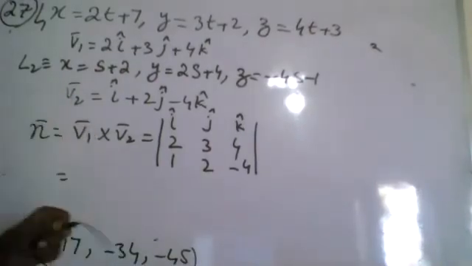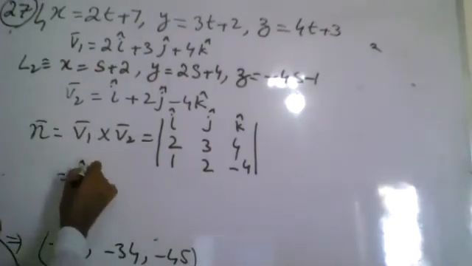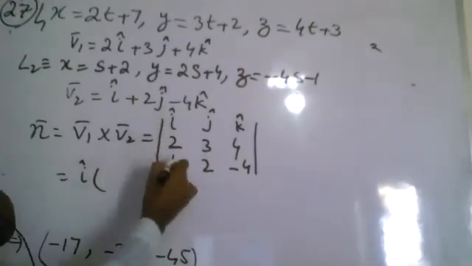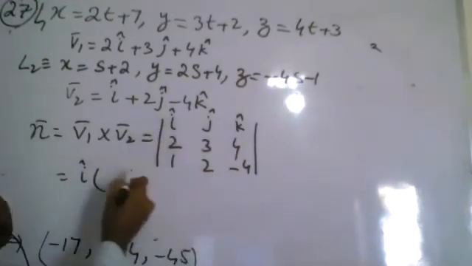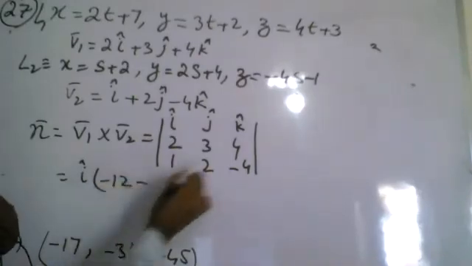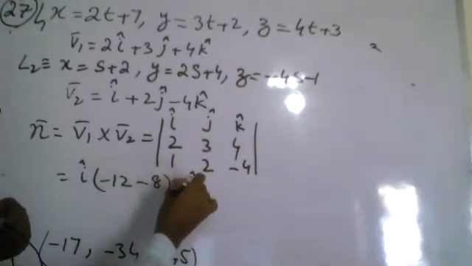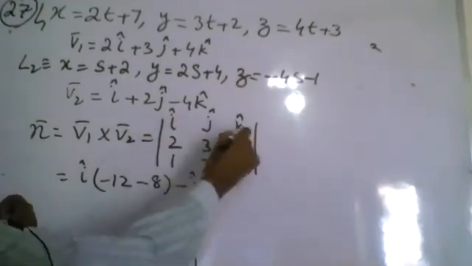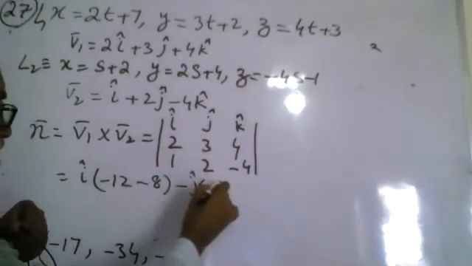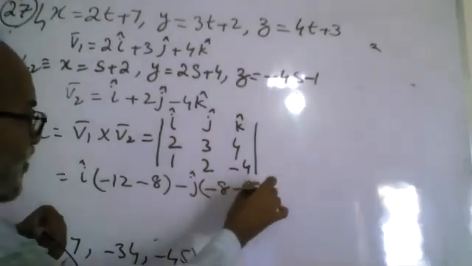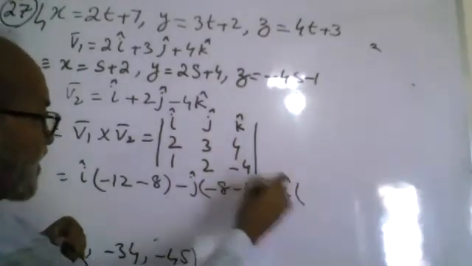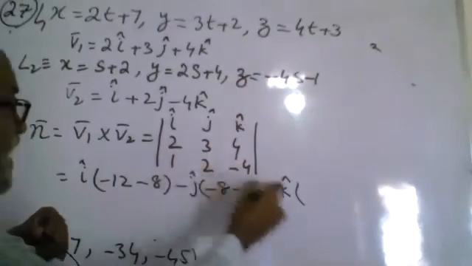That will become i. We'll leave this column, this row: 3 into minus 4 is minus 12, and minus 4 into 2 is 8. Minus j, leave this column, leave this row: minus 8 minus 4. Plus k, leave this column, leave this row: 4 minus 3.